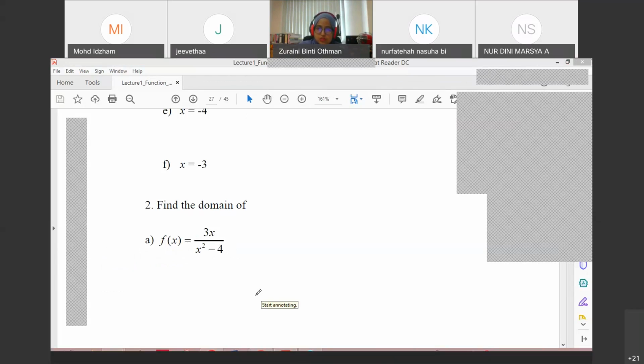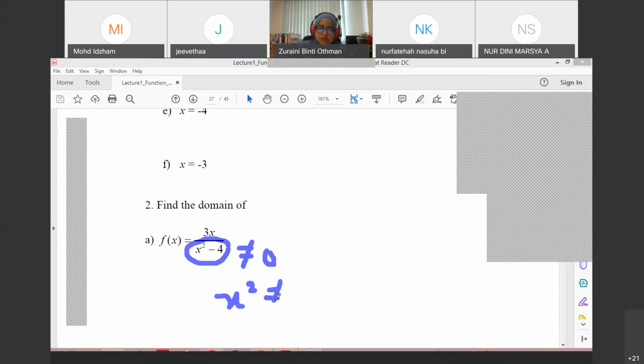X not equal to 2 and negative 2. Okay, let's do it together, which is inside the denominator cannot be equal to 0, right? So now x square tak boleh sama dengan 4. So x tak boleh sama dengan 4 punca kuasa, right?